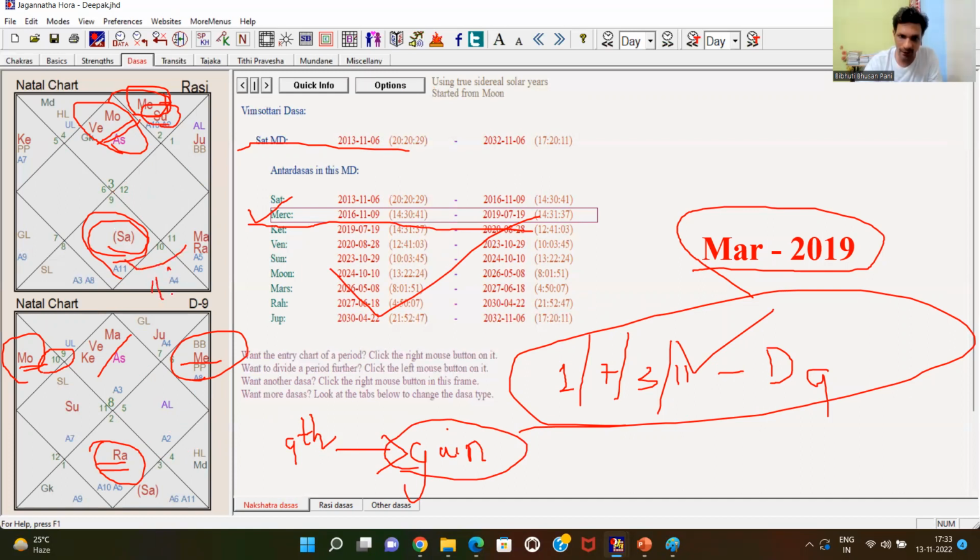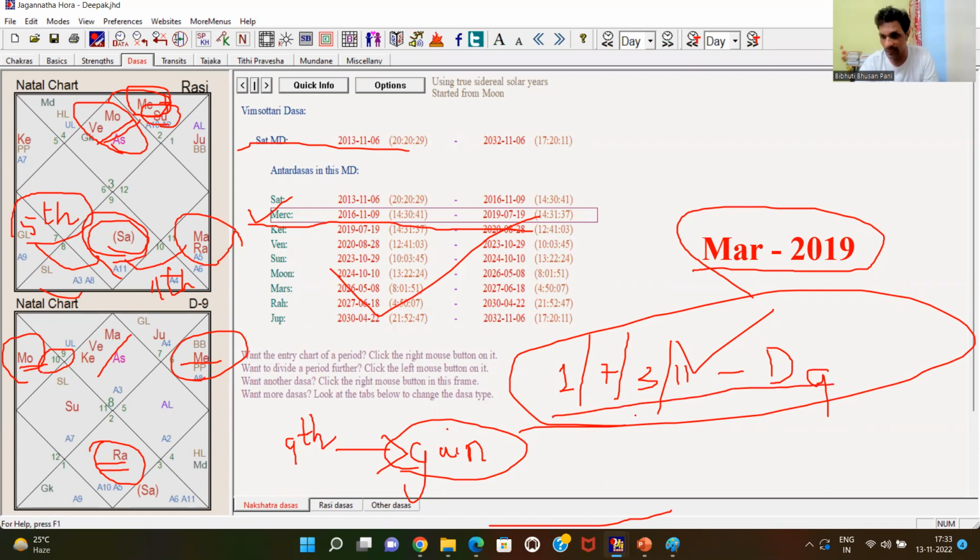So it is the gain of dharma, and from marriage the gain is the 5th house. So children are the gain of marriage. By doing dharma we will get a spouse, and once we get married, again the gain is the children. So this is the principle we need to apply in almost every chart. We need to check whether this condition is getting satisfied or not.